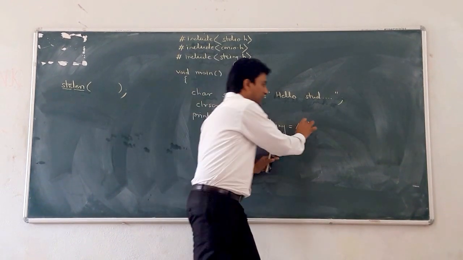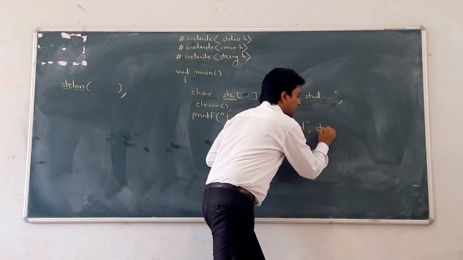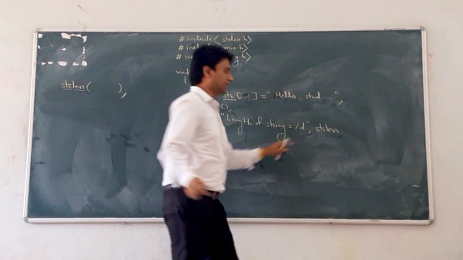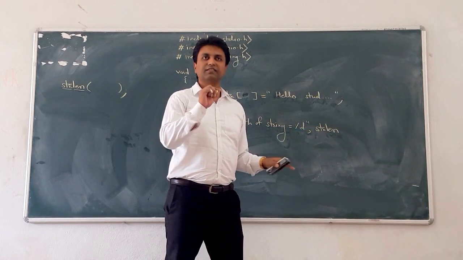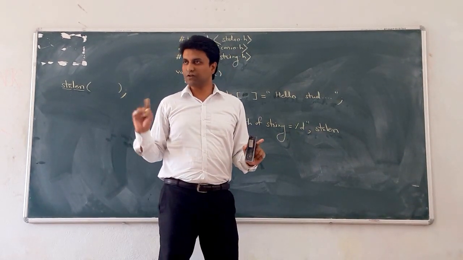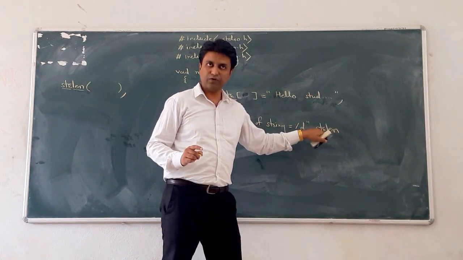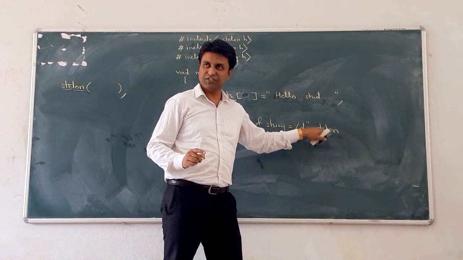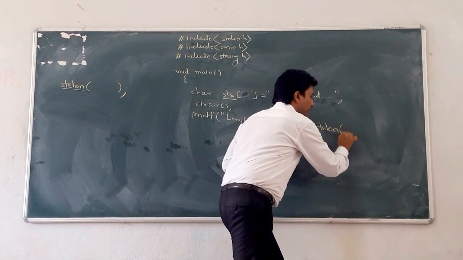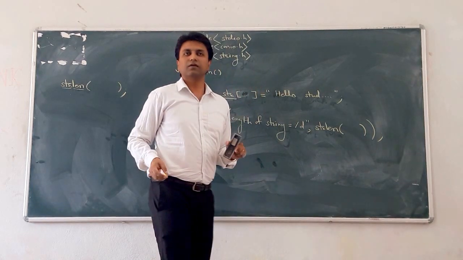Clear? After the double quotes and comma, directly call the function. Which function? strlen. The built-in function name is strlen, so you have to write this name only. Don't use a space. Then pass the argument. What is the argument?